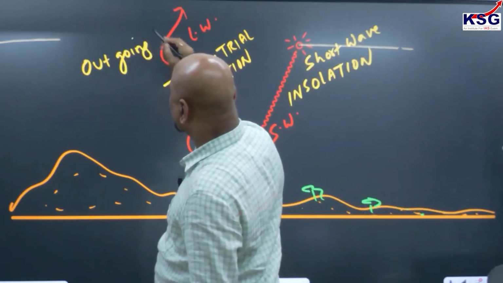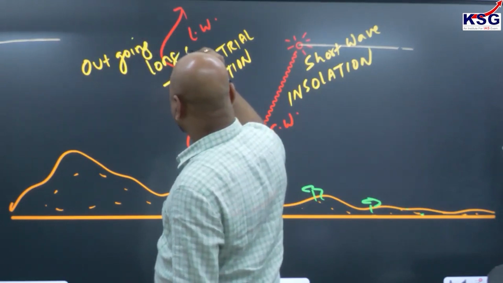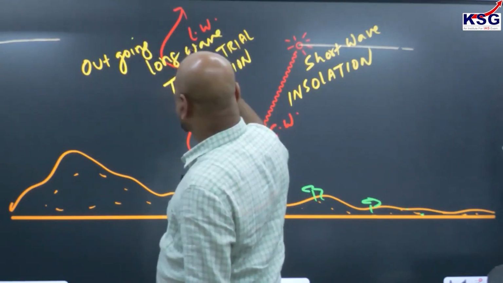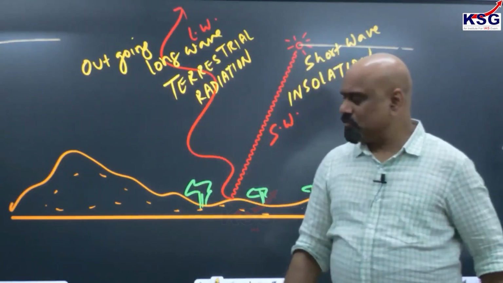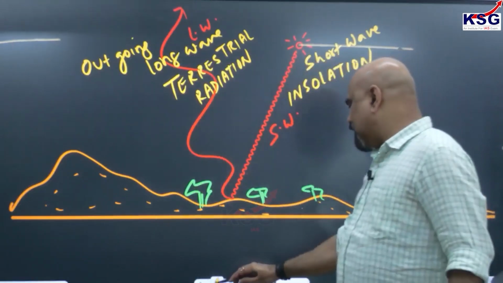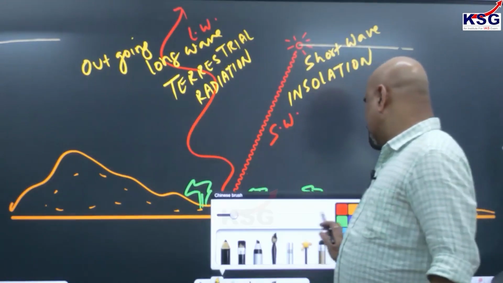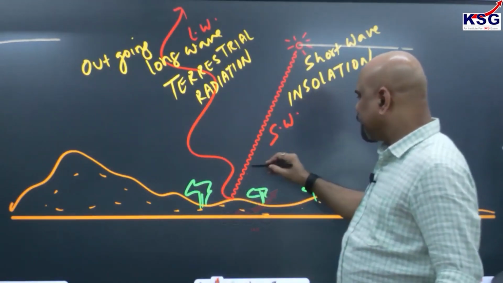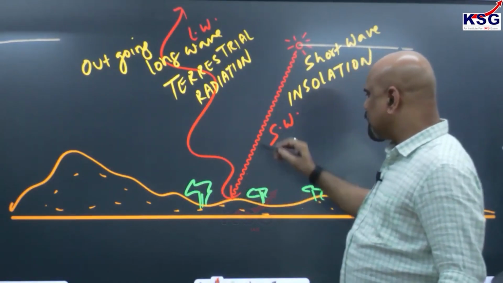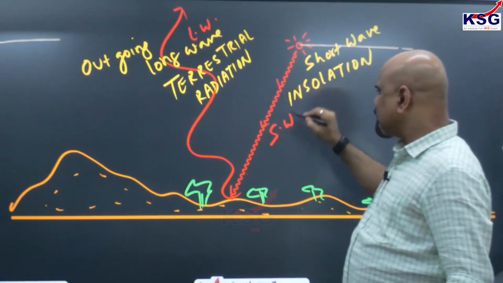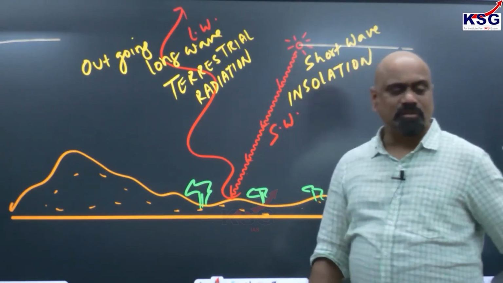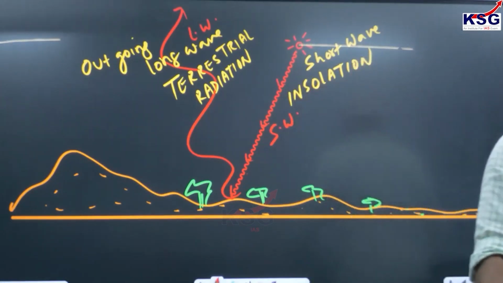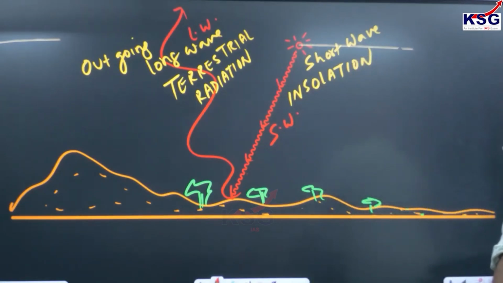Outgoing long wave terrestrial radiation. While it is coming, it is known as insolation, incoming solar radiation. While it is going back after reflecting, terrestrial radiation.